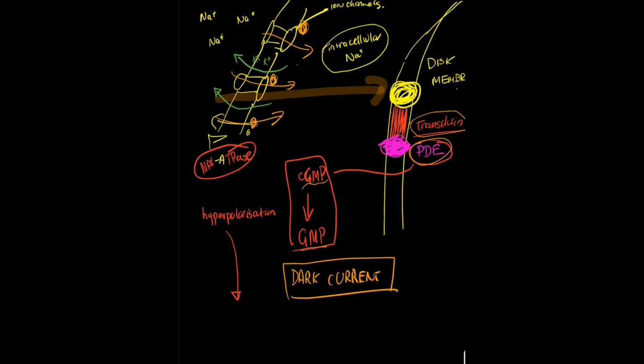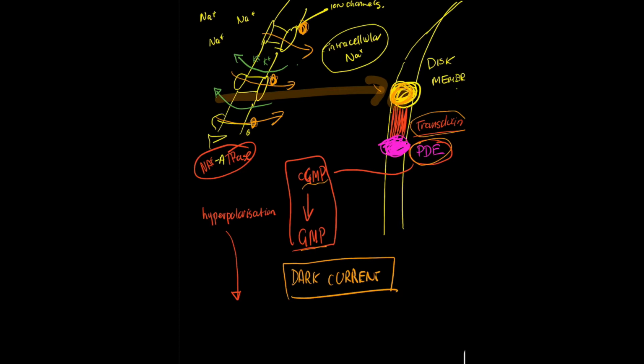Now, like I said, when light occurs, it's really important to understand that one photon of light that impacts, and by the way, there's more than one, activates a rhodopsin molecule, and that has a huge impact because that will go and activate thousands of cyclic GMP phosphodiesterases, which is that PDE molecule we've talked about.